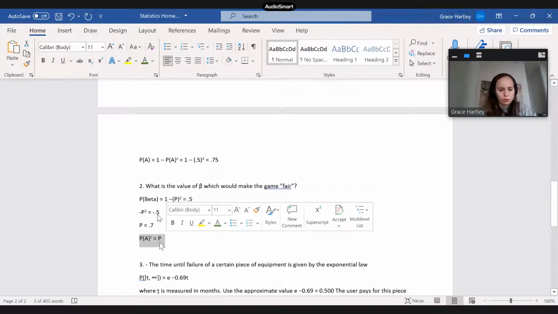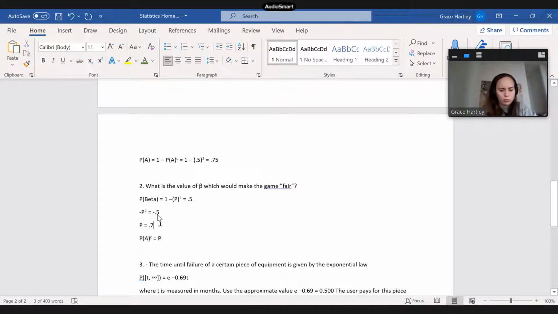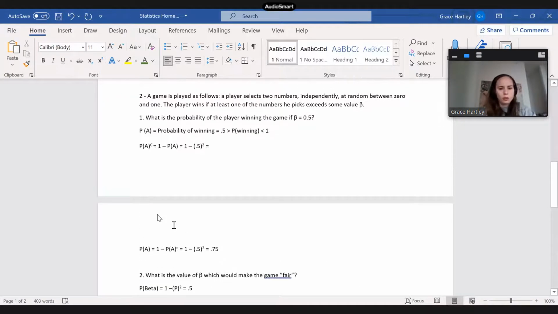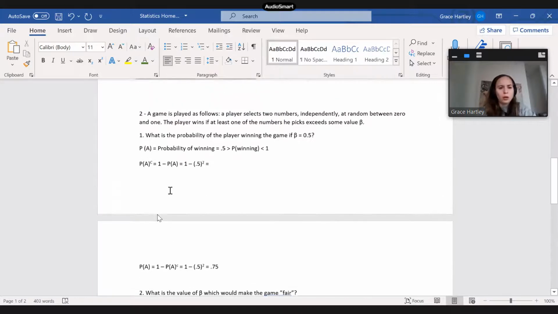If you look back to the first problem, I told you the probability is 0.7, right? If I said the player wins if at least one of the numbers he picks exceeds some value 0.7.